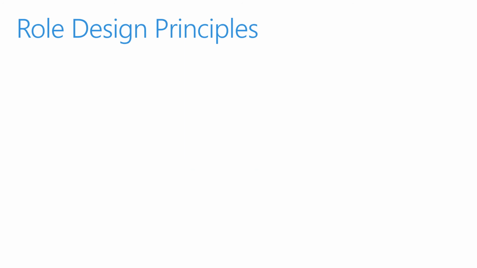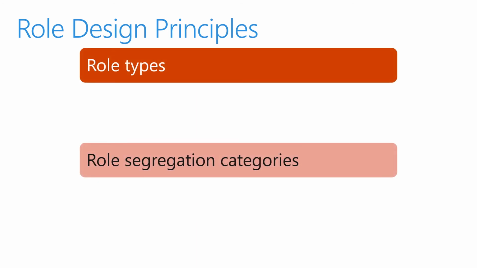Before you start modifying or updating the security, it's a good idea to have an understanding of the role design principles that were used when creating the out-of-the-box roles that are available in Dynamics 365 for Talent. Several common design principles are used. We'll talk through the role types that are used in the out-of-the-box roles, along with the role segregation categories.